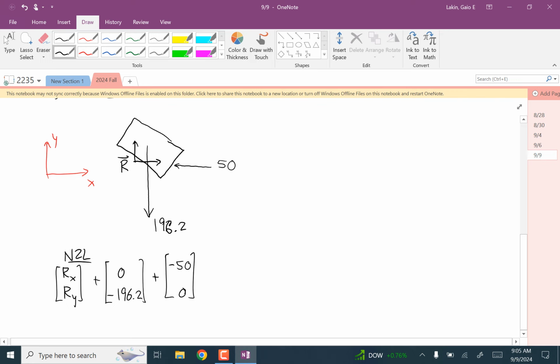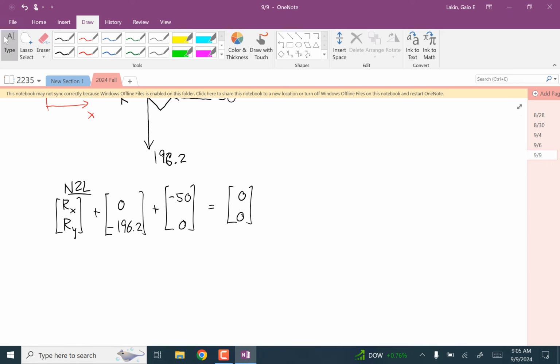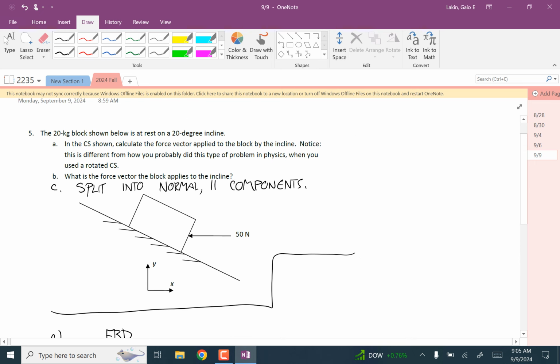And this is at rest, so there's no acceleration. And the two equations then tell us that Rx is 50, Ry is 196.2, and so altogether this vector is 50, 196.2. Okay?